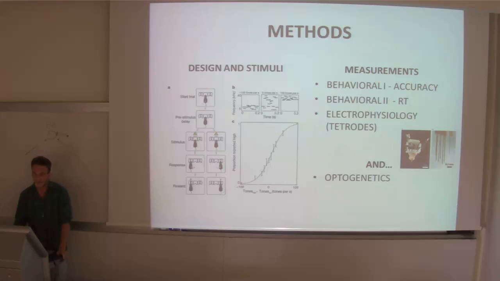The two types of tones that appeared were either low frequency tones from 5 to 10 kilohertz or higher frequency tones from 20 to 40 kilohertz. Now, there were not only two stimuli, but rather the different trials had a train of 100 tones presented.